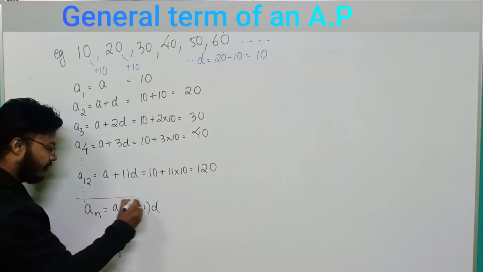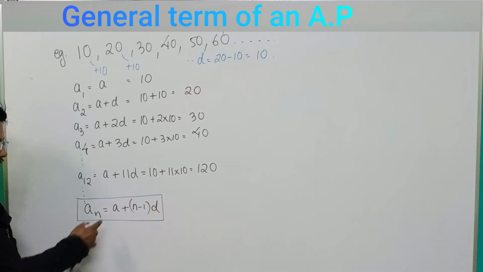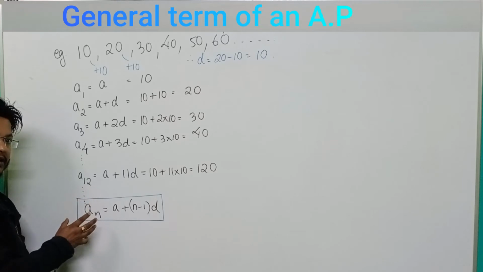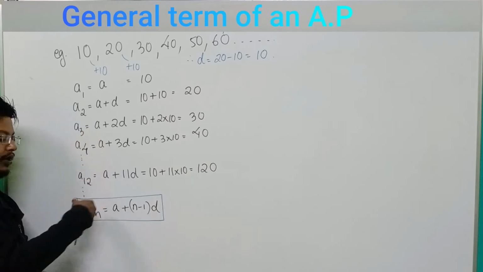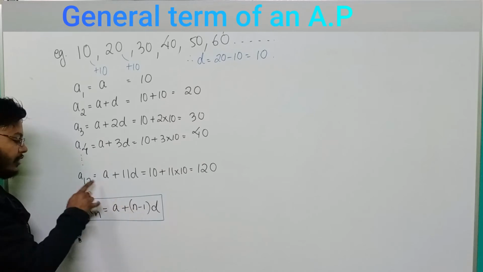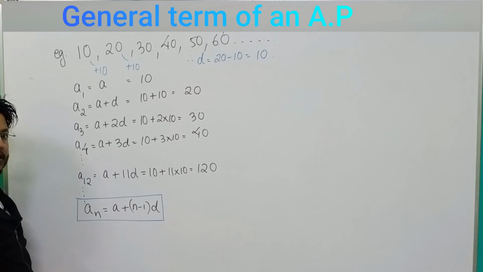So this is my formula to find any term. By this formula we can find any term. Please note down this formula. If you forget in the exam, you can use this trick and derive the formula. You can see 12, 11, 1 decreasing; 4, 3. Okay, got it.